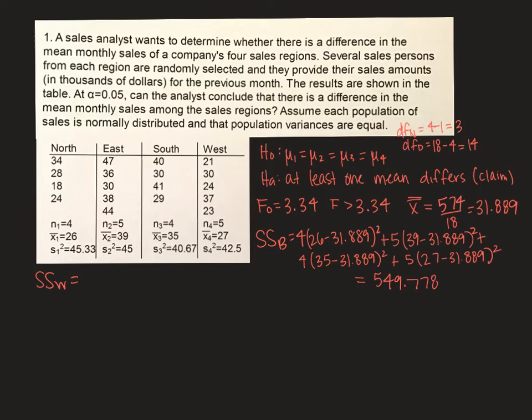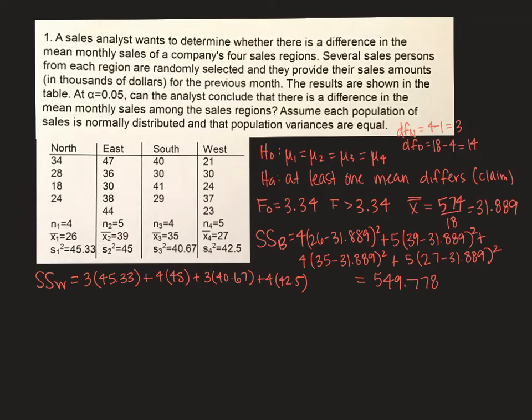So when I'm finding SSW, I'm doing the sample size minus 1 times the variance for each of these. So 4 minus 1 is 3 times the variance of 45.33, plus 5 minus 1 times the variance of 45, plus 4 minus 1 times the variance of 40.67, plus 5 minus 1 times a variance of 42.5.